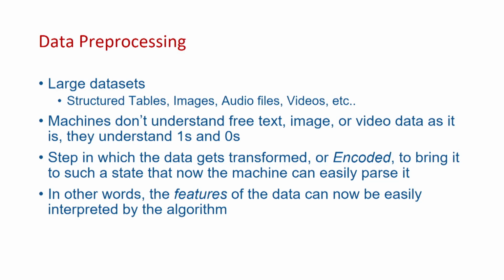So, we transform the data set into a different form. We encode the different features in the data set in a different form, and then we apply machine learning techniques so that they can be easily applied over that data set.